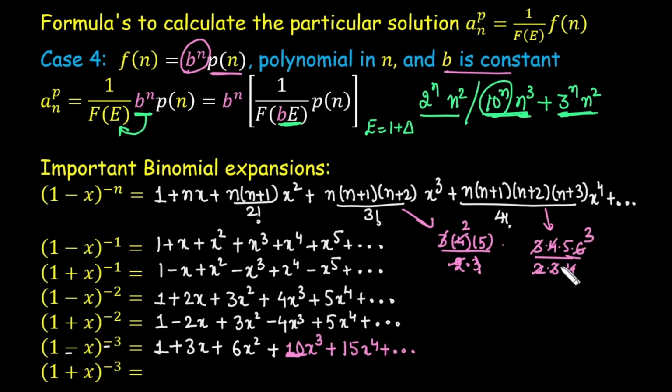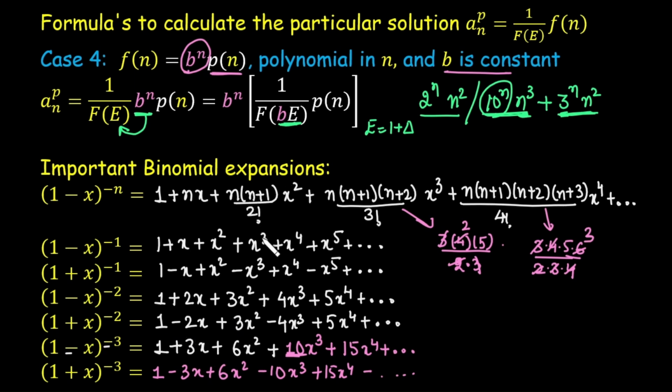This is 3, so 5 into 3 is 15. For this case, 1 plus x raised to power minus 3, it is the same series but with alternating signs. So we have 1 minus 3x plus 6x square minus 10x cube plus 15x raised to power 4 and so on. So these are the few binomial expansions we require in this case.